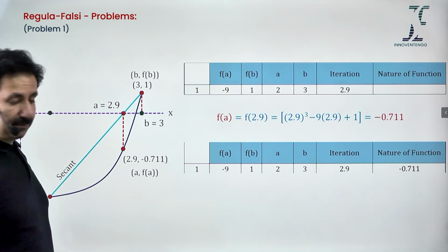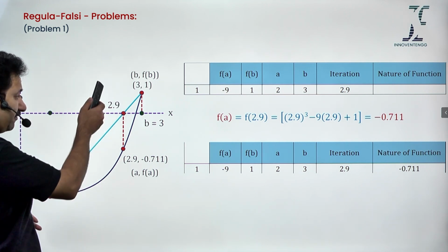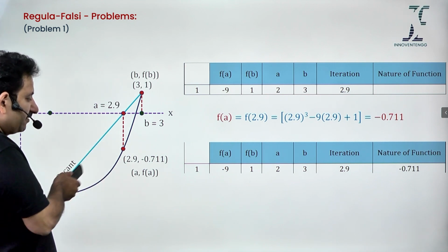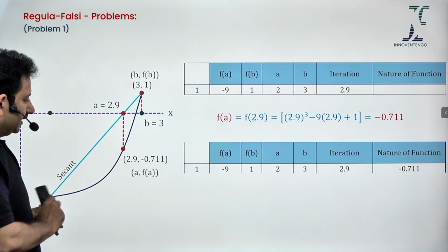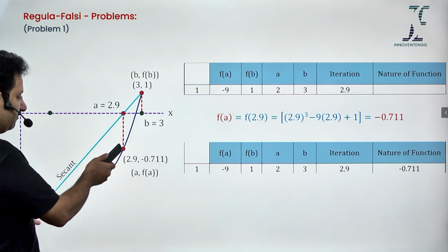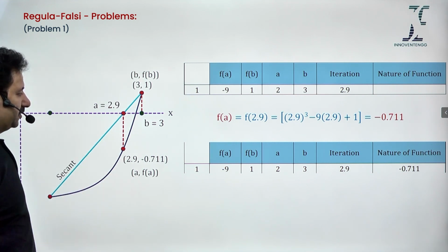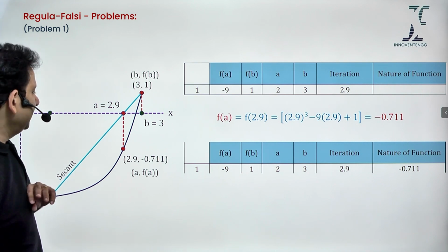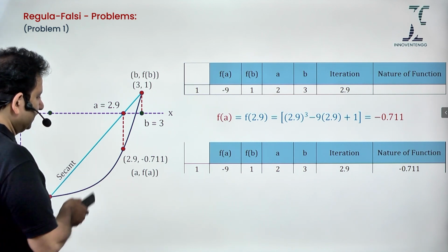Now I can do the second approximation. Once you get the first approximation, drop a vertical, get a point on the curve, because you should always get 2 points on the curve, right? 1 point will give you the negative value, 1 point will give you the positive value, so that you can estimate the next iteration.